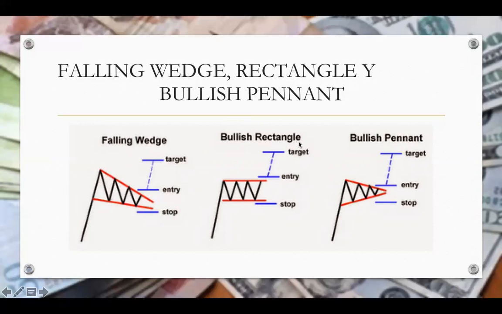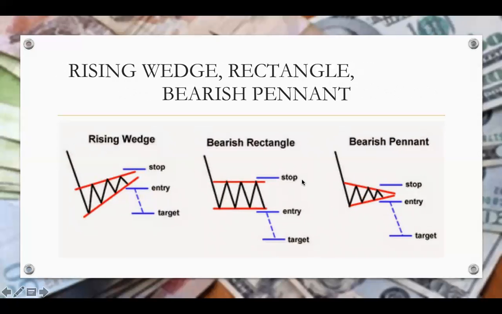This is a bullish rectangle, and then this is a bullish pennant as well. A pennant is something where the market has made a long bullish movement, and then finally it's made of waves. We'll check this in a live market in a while.